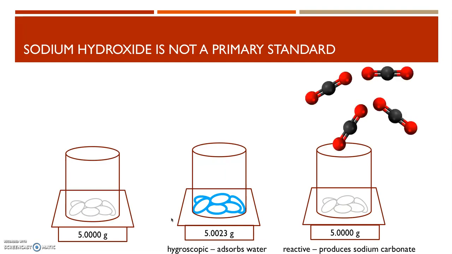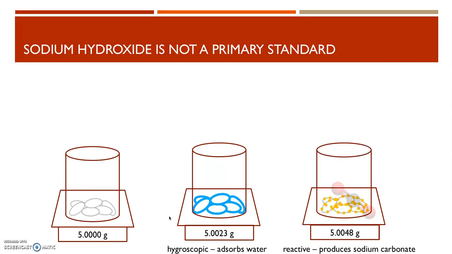It's also fairly reactive, and carbon dioxide in the air will react with that sodium hydroxide and make sodium carbonate. So carbon dioxide will adsorb to the surface, react with sodium hydroxide, and change the mass of the compound that's present. So sodium hydroxide is not a good primary standard because it is both hygroscopic and highly reactive.